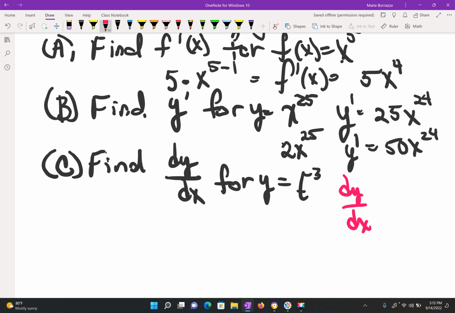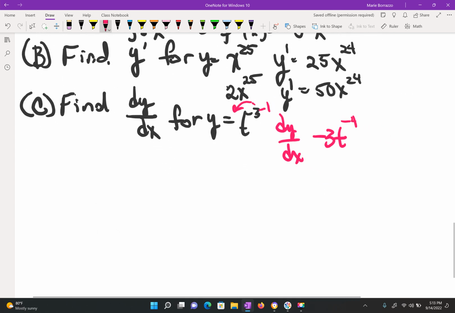Now remember, you're going to multiply first. So you're going to start with negative 3t, and then you're going to take away 1, which is negative 4. You can re-express this if you needed to, because we usually don't like negative exponents. So you could technically say negative 3 over t to the positive 4. Just a thought.